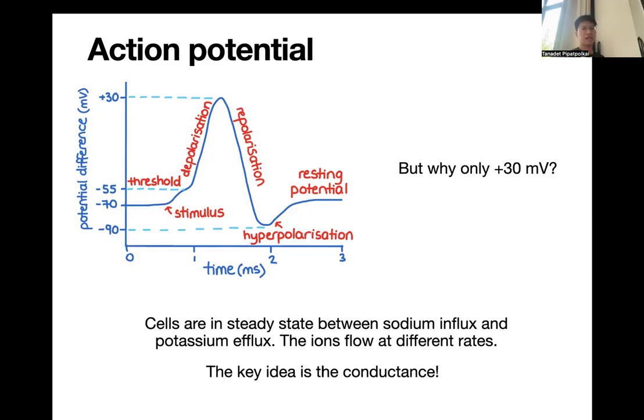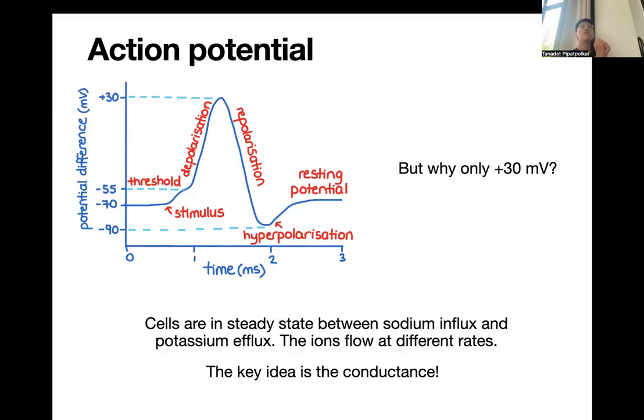The answer is that it's not, because remember, the cell is not in equilibrium. It is a steady state. So you have an influx at different rate, an efflux of potassium at different rate. And because these things are not freely permeable, they have these little doors called ion channels. And these ion channels control the efflux and the influx of ion at different rate.